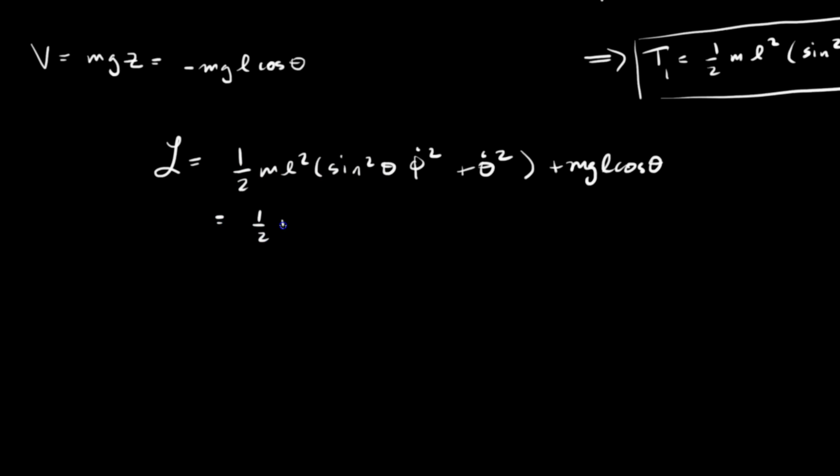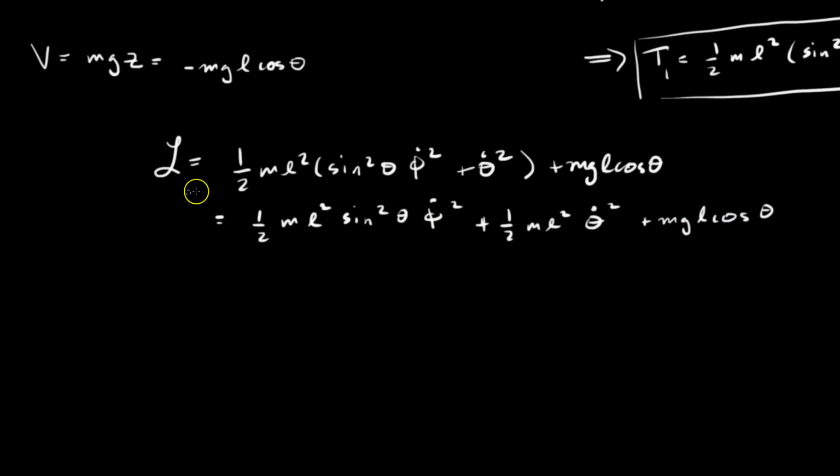We get 1/2 m L squared sine squared theta phi dot squared plus 1/2 m L squared theta dot squared plus m g L cosine theta. Very simple. That's our Lagrangian. I'm not even gonna box it. Now, what's our basis? Our generalized coordinates are just theta and phi. So, that's it. Let's go.